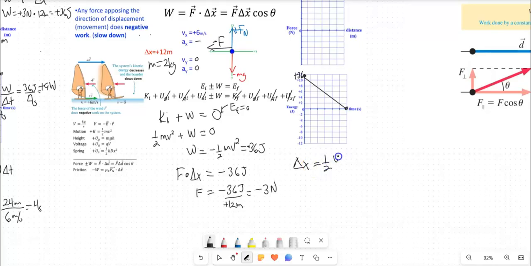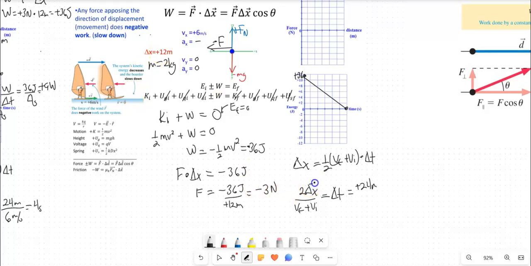1/2 V final plus V initial times delta T. Right? And then, through the magic of algebra, that's our delta T. And we end up getting similar things, except this will be positive 24 meters, because 2 times positive 12, right?